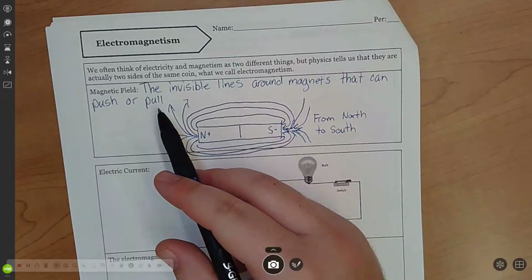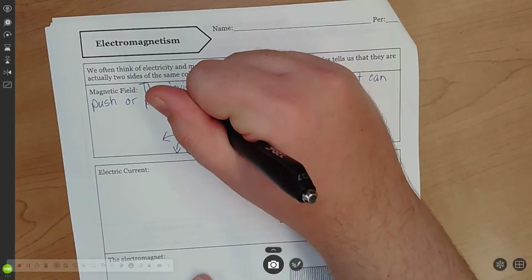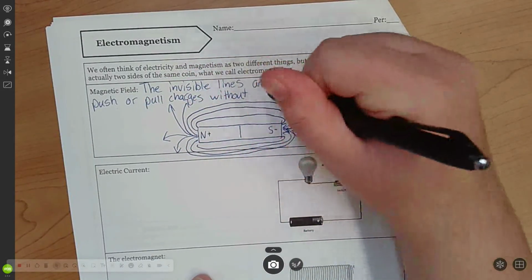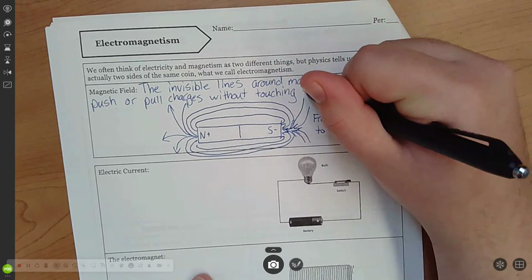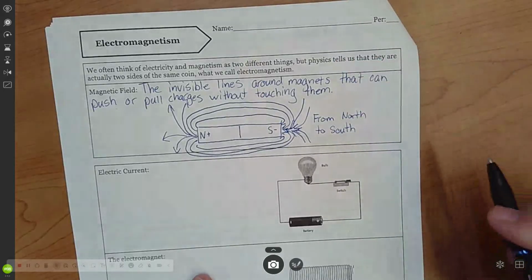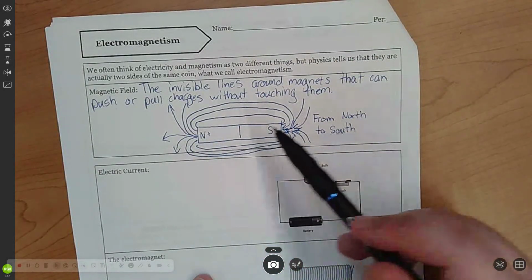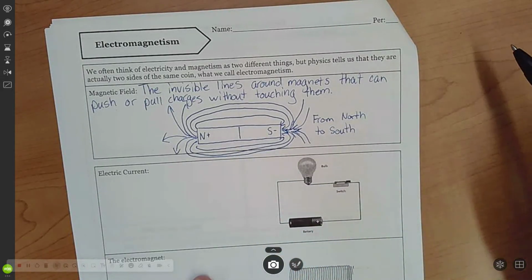So in other words, it can do a force, charges without touching them. So the magnet itself doesn't need to touch it, it just needs to get close enough for these magnetic field lines to be able to move charges around.